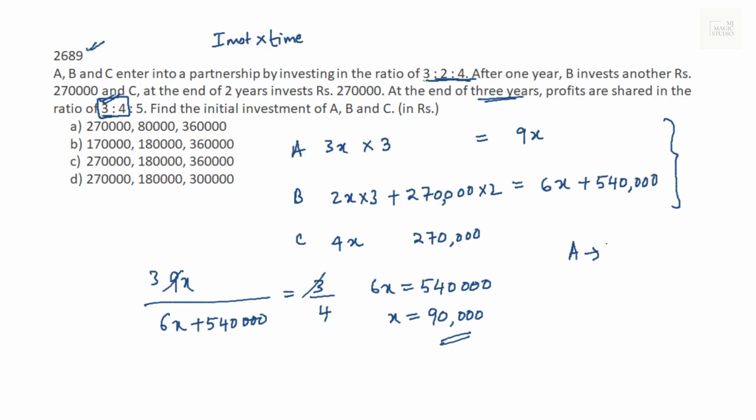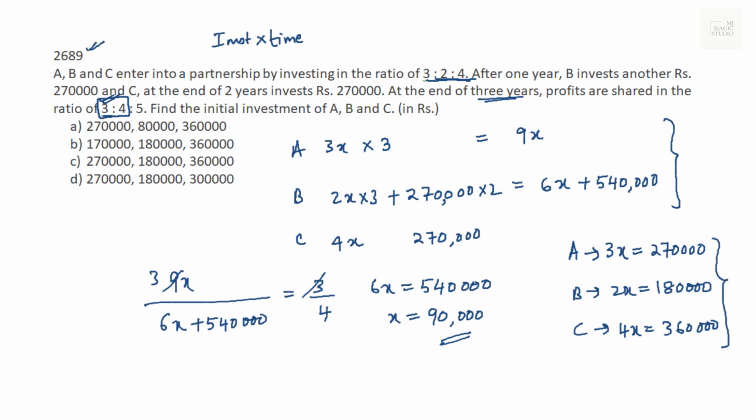Initial investment of A was 3x. 3 into 90,000 would be 2,70,000. B is 2x, that is 1,80,000. And for C, it should be 4x, that is 3,60,000. 270, 180 and 360 thousand are in option C, and that is our answer.